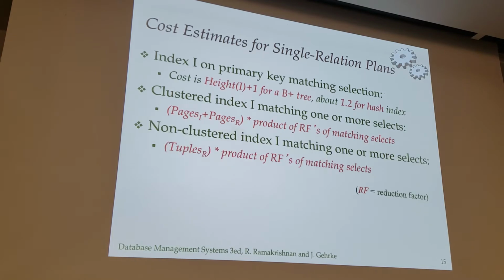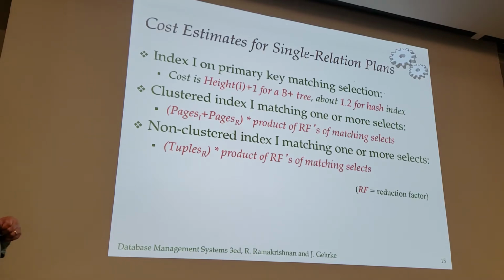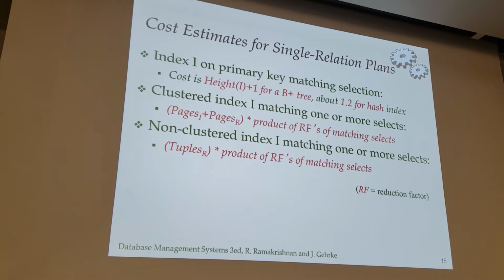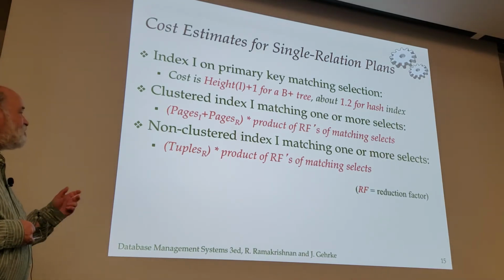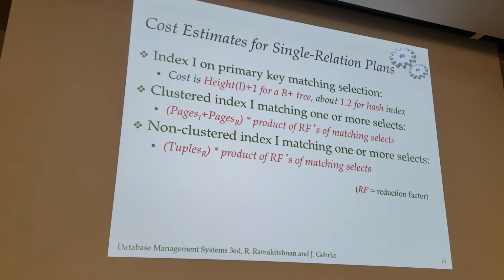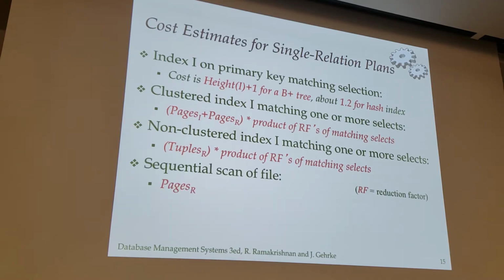So RF stands for reduction factor. With a non-clustered index that ends up matching one or more of the selects, basically what I'm going to end up doing is having to touch all the tuples of R, multiplied by the reduction factor of the matching selects.